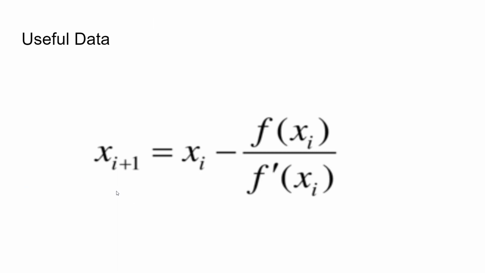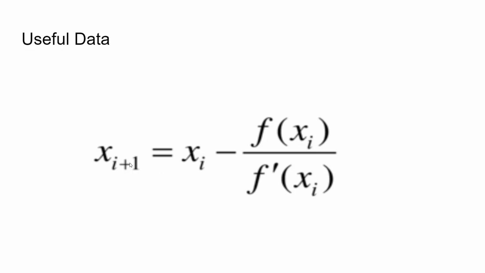To find the next iterative value of a particular variable, we can use this expression. Here x(i+1) is equal to x(i) minus f of x(i) divided by f dash of x(i). Here i is the iteration number.